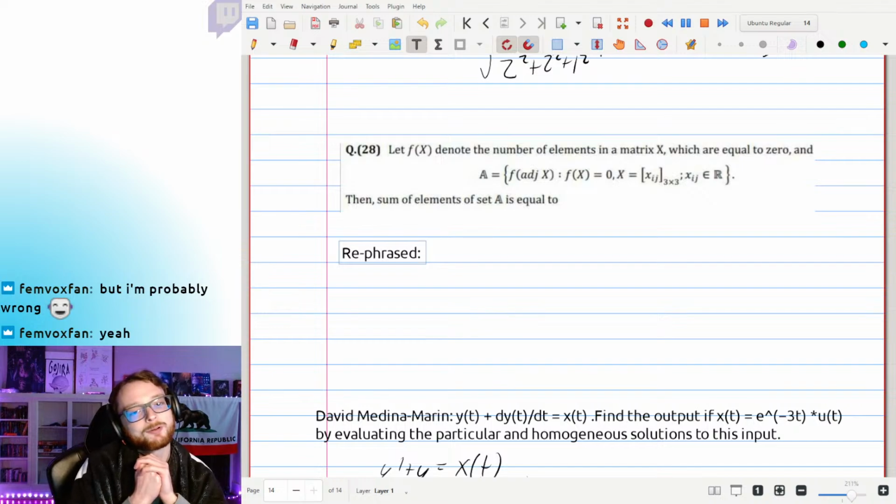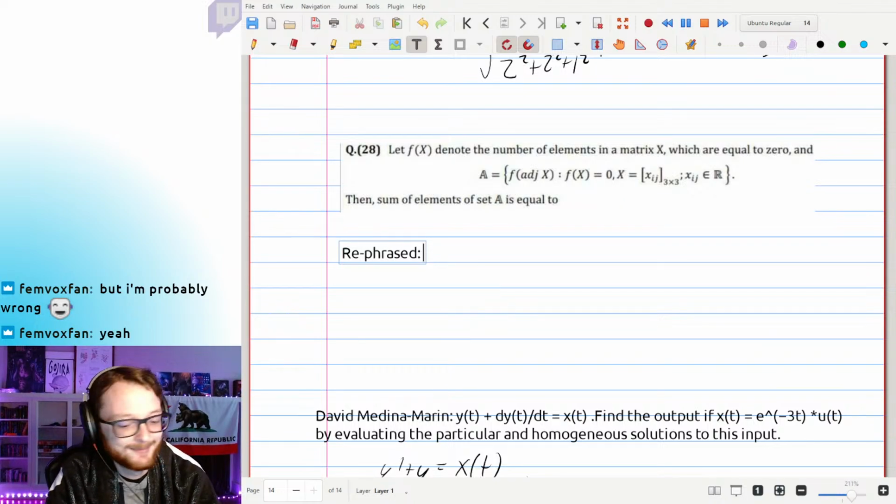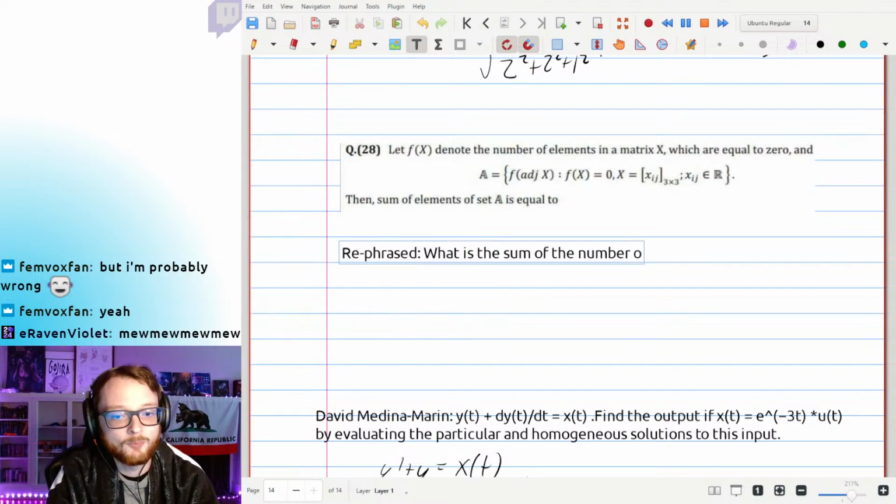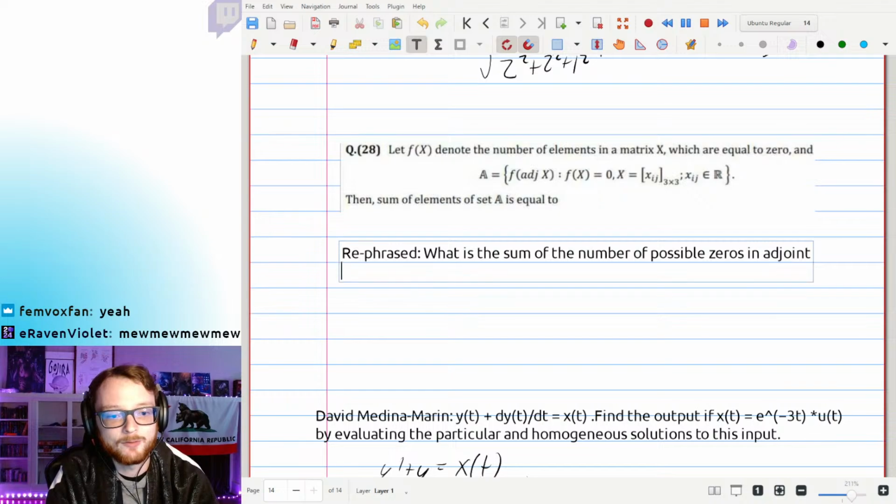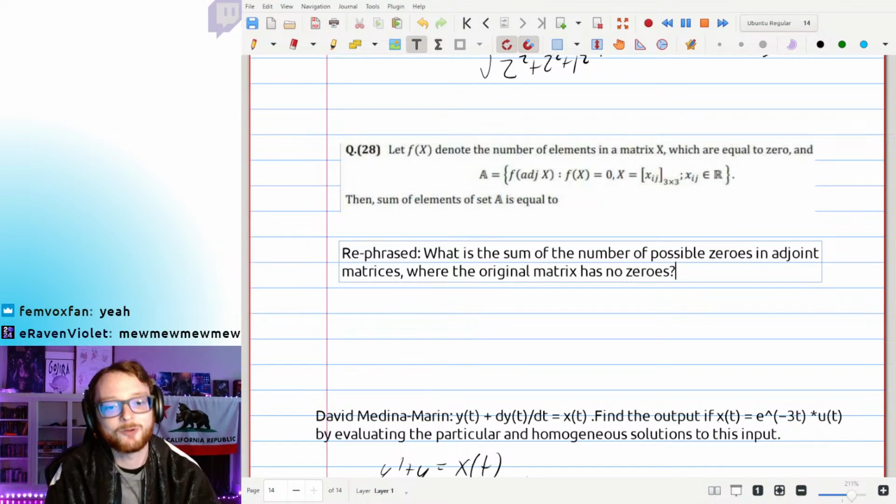Okay, yeah, that A is a set. So what number of zeros are possible? What is the sum of the number of possible zeros in adjoint matrices where the original matrix has no zeros? That's the question.